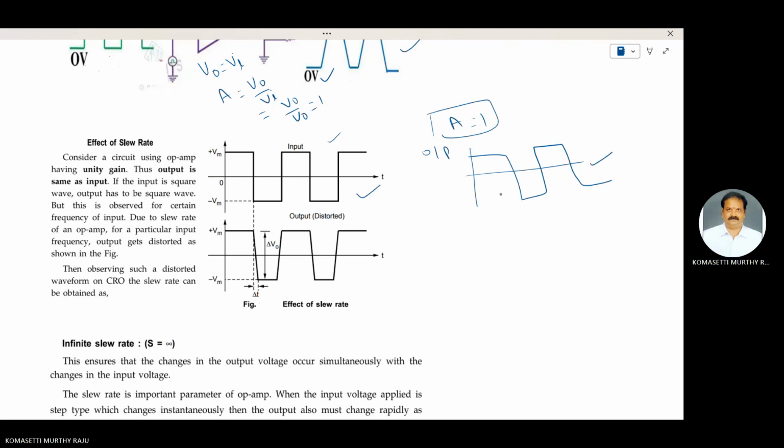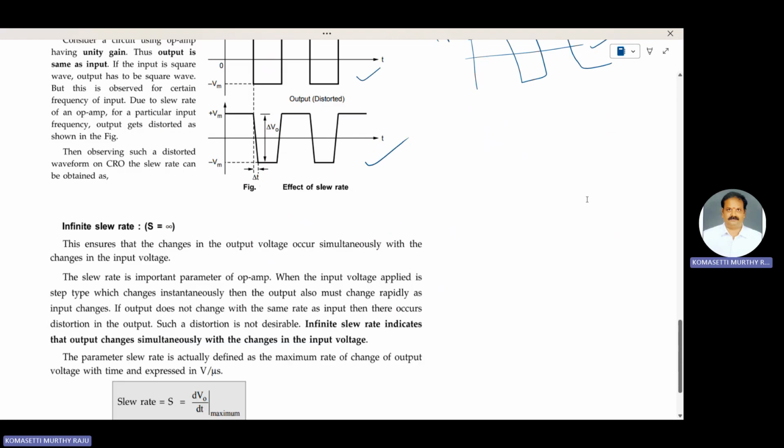But this is observed only for certain frequencies of the input. Due to the slew rate of an op-amp, for a particular input frequency, the output gets distorted.